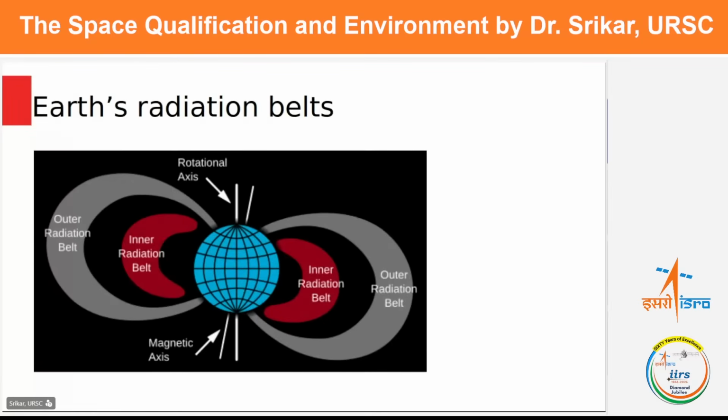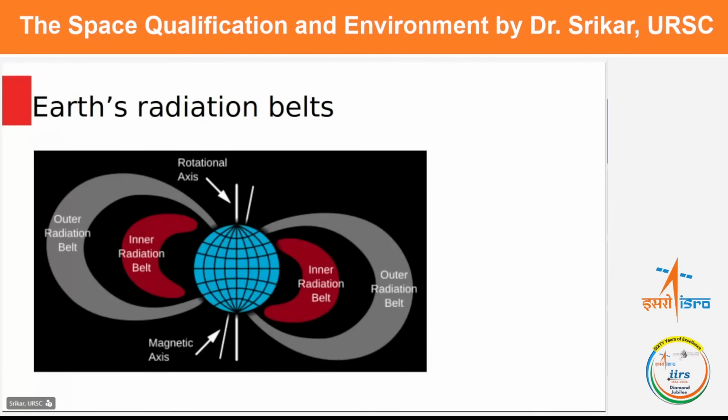One is called the inner belt and the other the outer belt, separated by a slot region, and they form very high energy radiation regions that at times the spacecraft may have to go through. These mostly consist of protons and electrons, which are accelerated and then permanently stay there. So the geomagnetic activity is such that there is always a residual population of these energized particles.